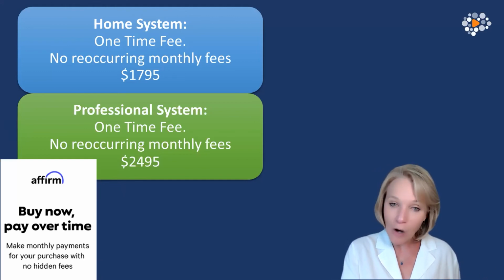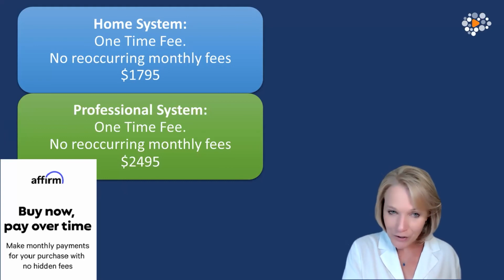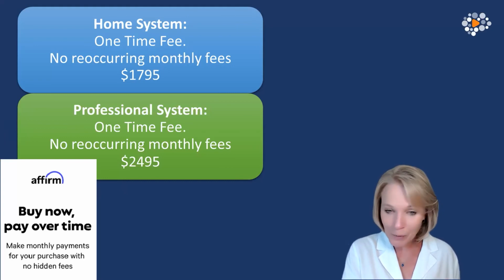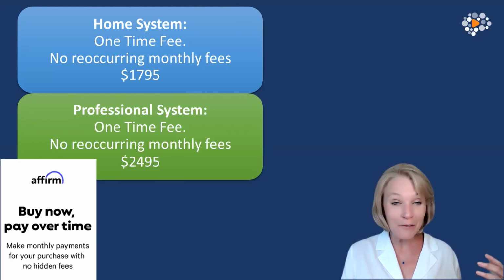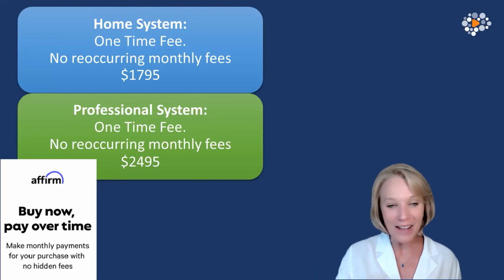So if you have a home system, you're enrolling multiple family members. If you have the professional system, you're enrolling multiple clients, and you have that unlimited support and that lifetime membership. And there are no continuing monthly fees. It's simply a one-time fee, whether you're using it for, like I said, 10 months, 15 months, or 10 years. So you have that unlimited use and that support.